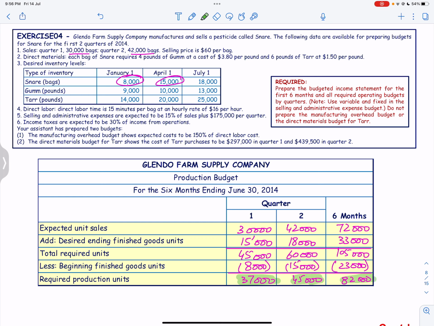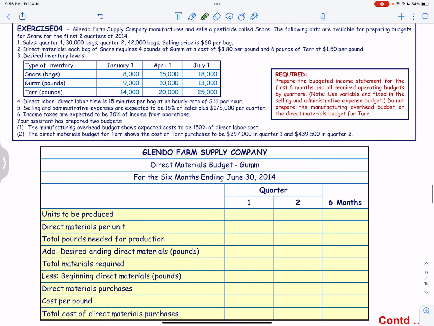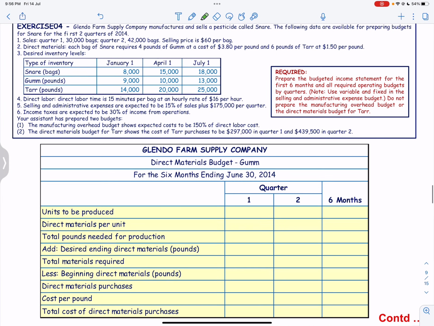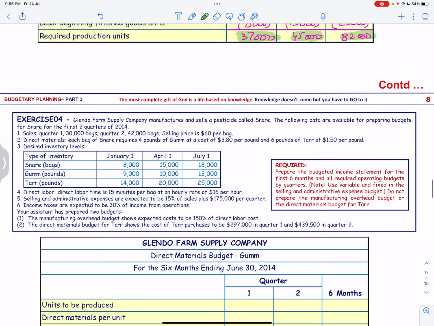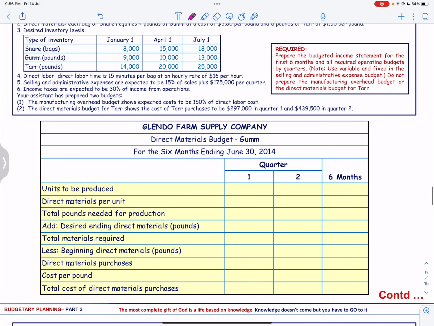Now this is going to be of relevance for us, and we will talk about it as we progress, so don't worry for this. And once we have prepared the production budget, the next budget will be the direct material budget. For direct material budget, we first take the units to be produced, and they are 37,000 and 45,000, and the total is 82,000.